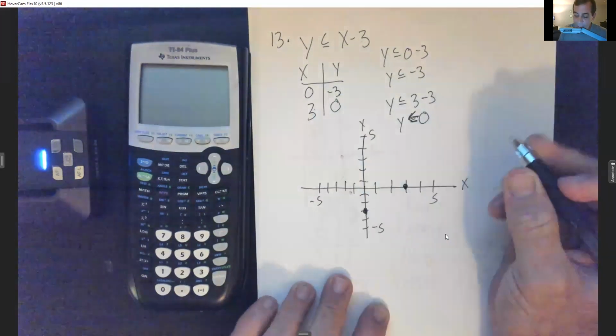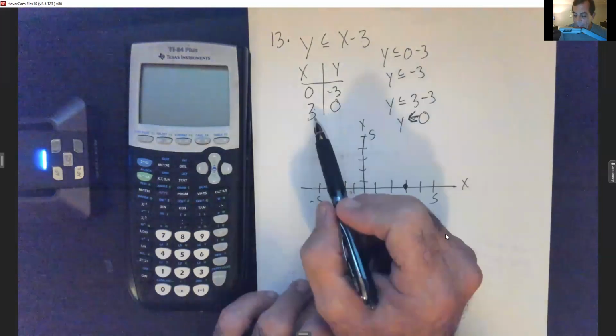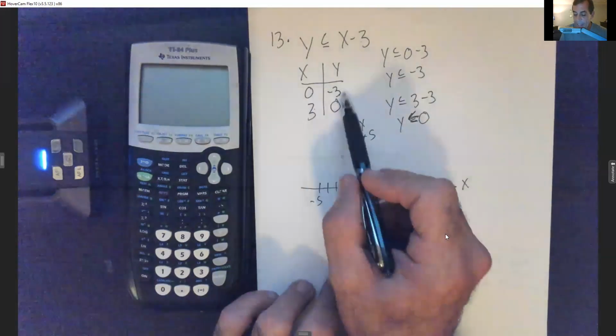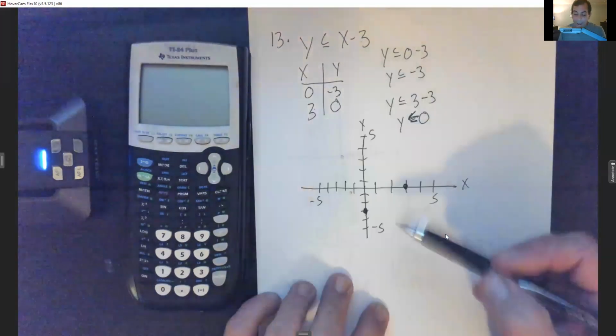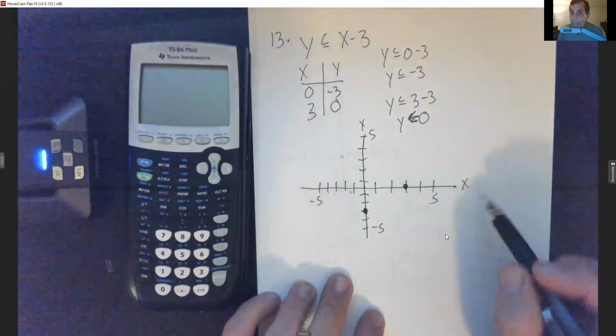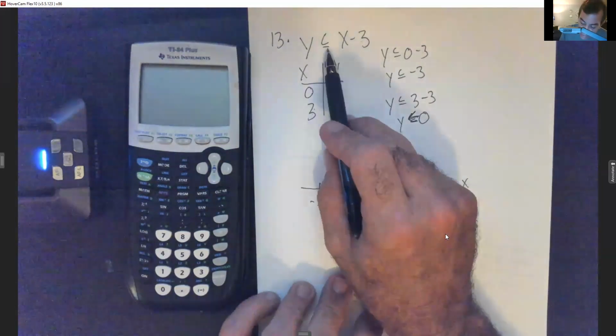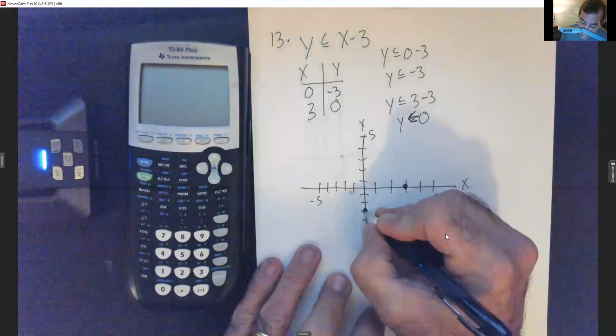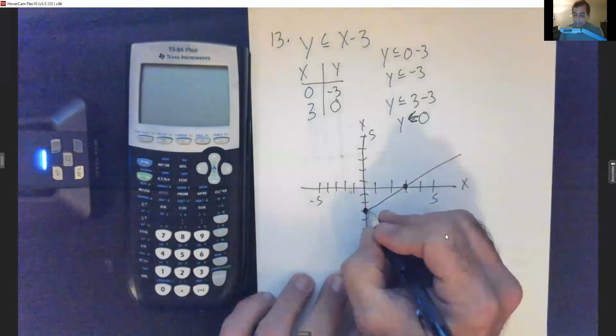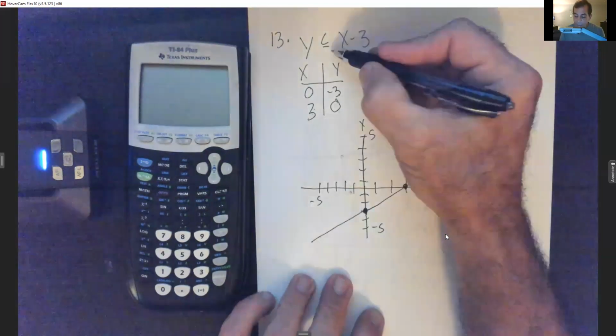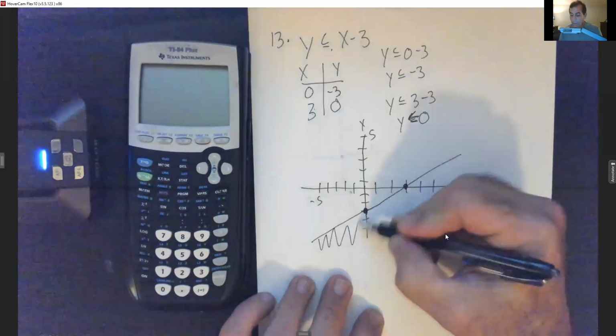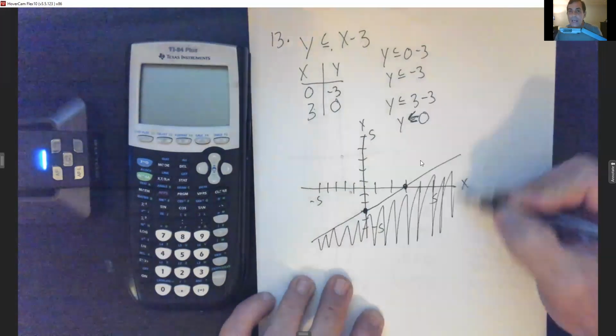And you see, the way I did it, it came out to being the y-intercept and the x-intercept, right? All right. The line, this one has the equals under it. So remember, I said if it has the equals, it's going to be a solid line. Less than, shades below.